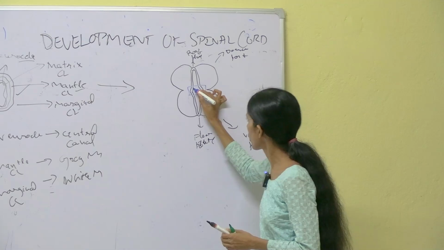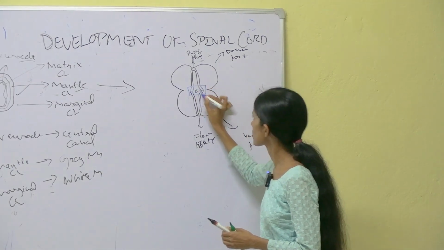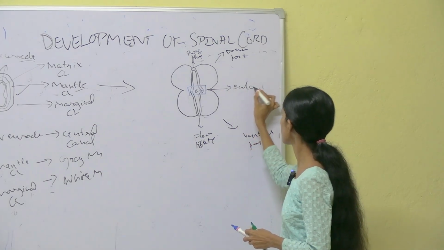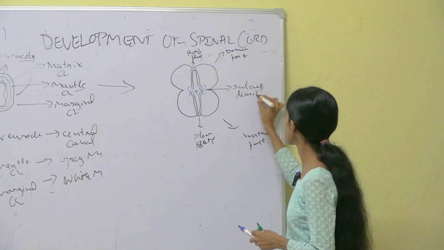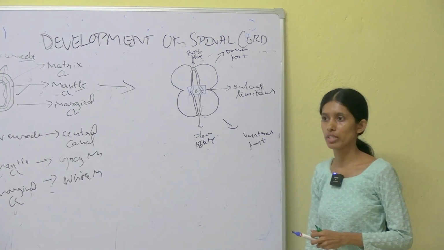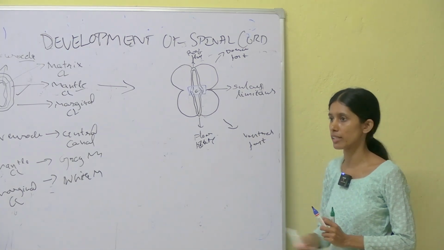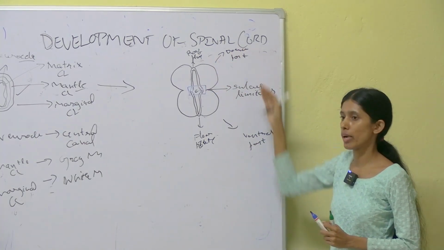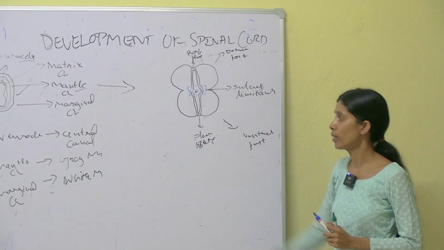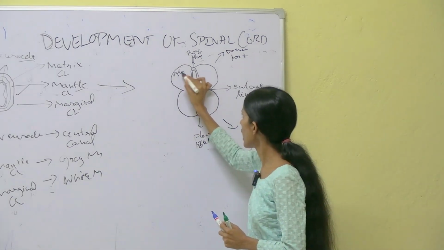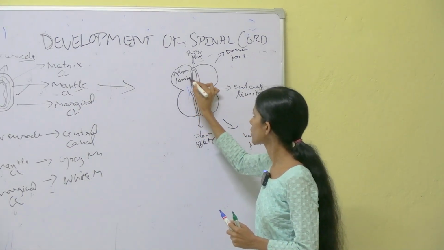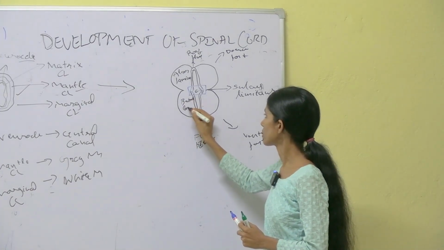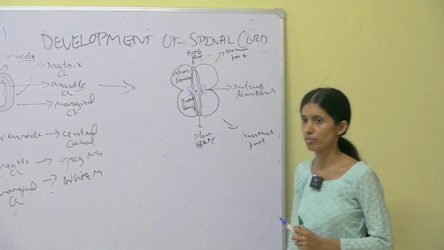This sulcus is called as sulcus limitans, and this sulcus limitans will divide your lateral wall into dorsal part and ventral part. The dorsal part is named as alar lamina, and the ventral part is named as basal lamina.